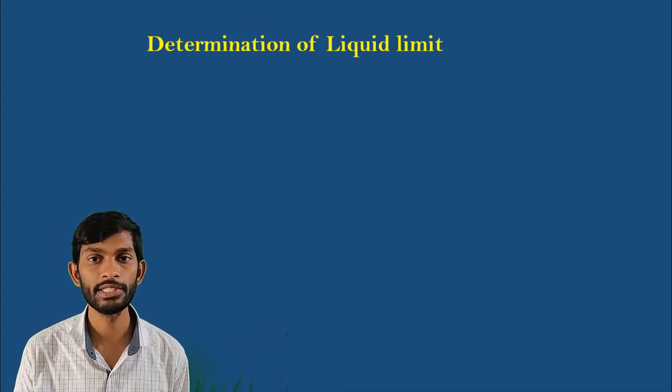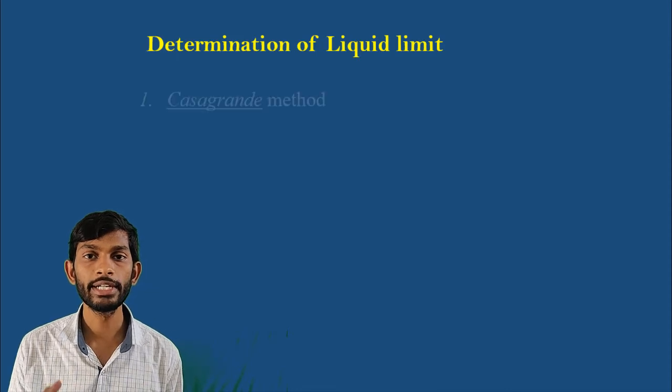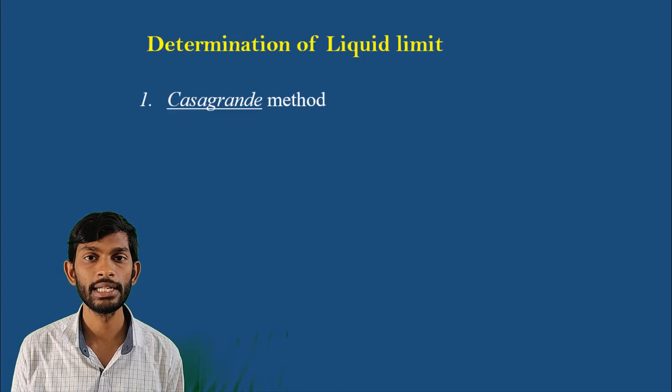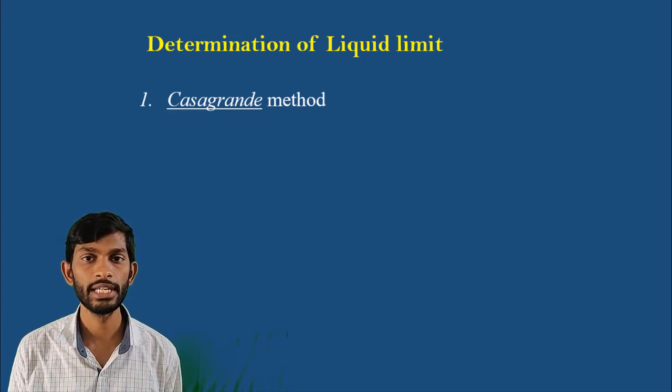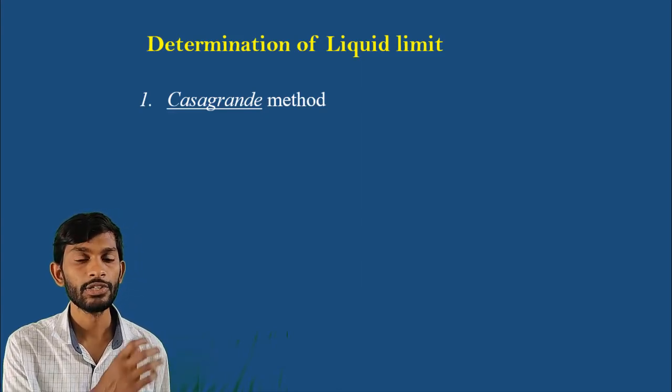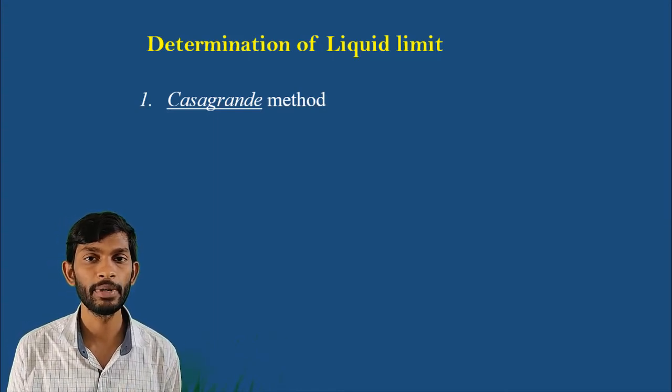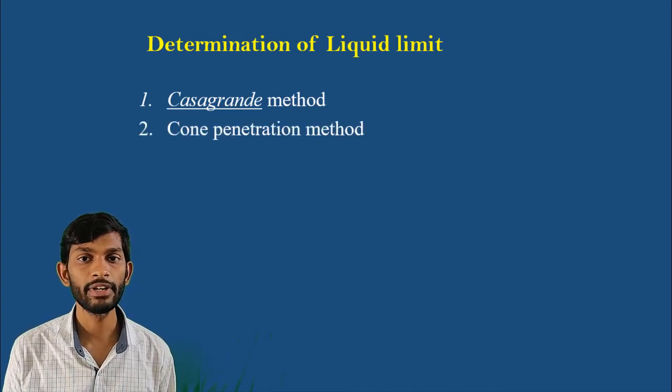This is most important. In order to determine the liquid limit of a soil, we have to understand an apparatus called the Casagrande apparatus. Casagrande is the name of a scientist who made an experimental procedure, the Casagrande method, to identify the liquid limit of soil.